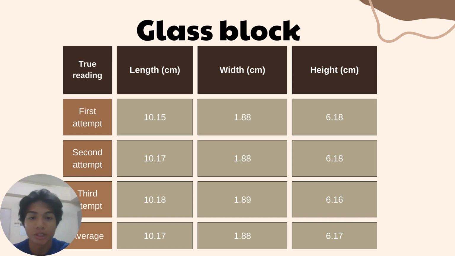On the third attempt, we got a length of 10.18 cm with a width of 1.89 cm and a height of 6.16 cm. On the average, we got an average length of 10.17 cm with an average width of 1.88 cm and lastly an average height of 6.17 cm.